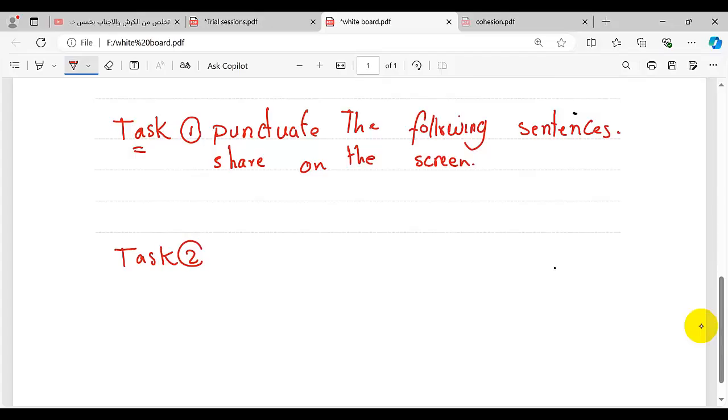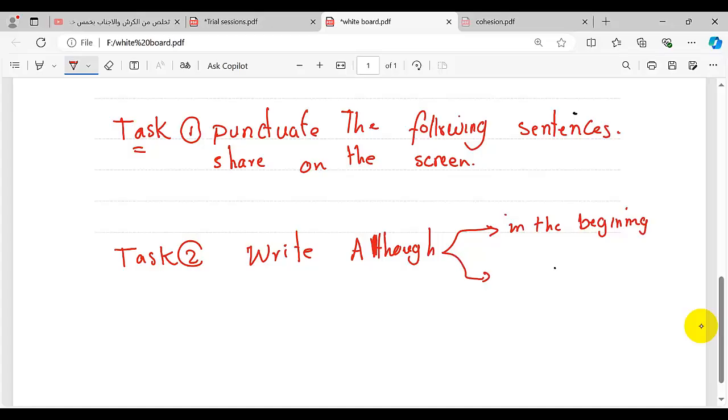Okay, our current task now is that each one of you will write "although" in a sentence. Just one sentence. Use it one time in the beginning of the sentence, and use it one time in the middle.